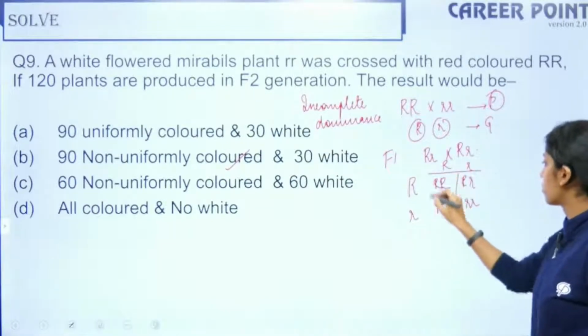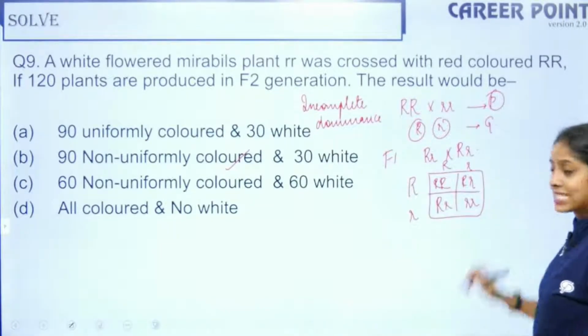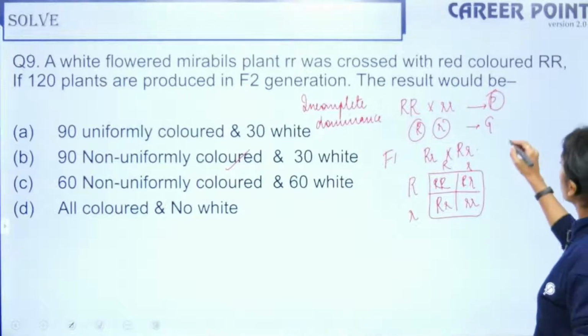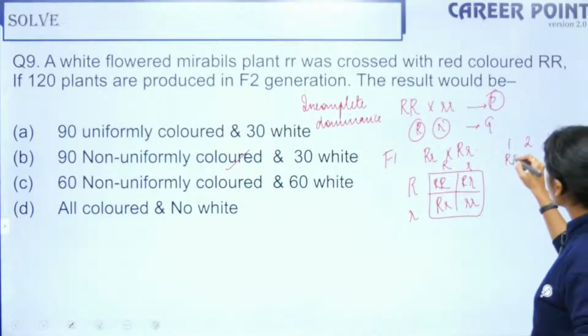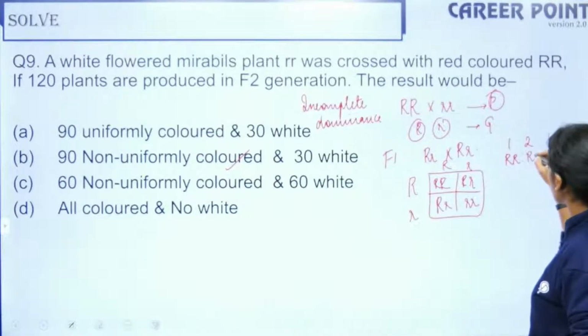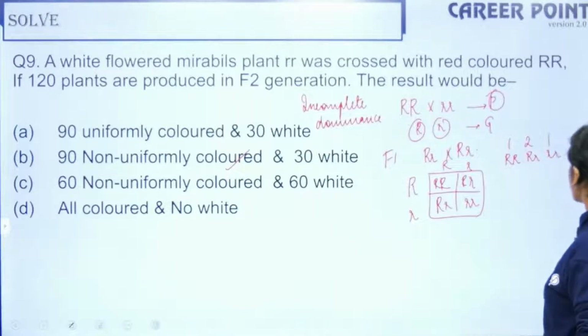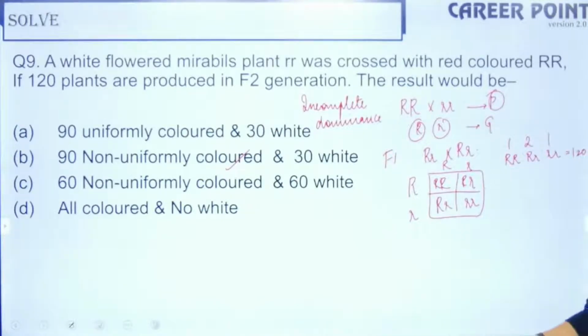It's like this, right? So the genotypic and the phenotypic ratio is 1:2:1. Total plants are 120. So how do I divide? This is 30, this is 60, 30 and 30. This is how I divide it equally, right?